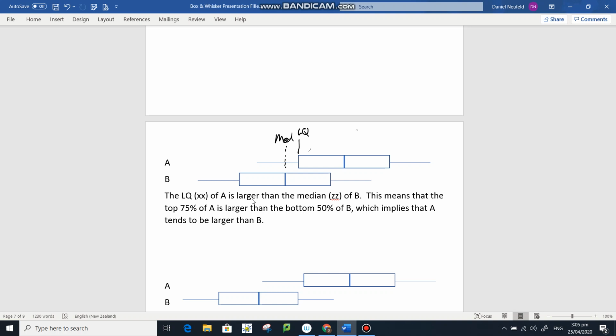This means that the top 75%, three sections, is larger than the bottom 50% of B. Again, that 75 is involved. This implies that A tends to be larger.